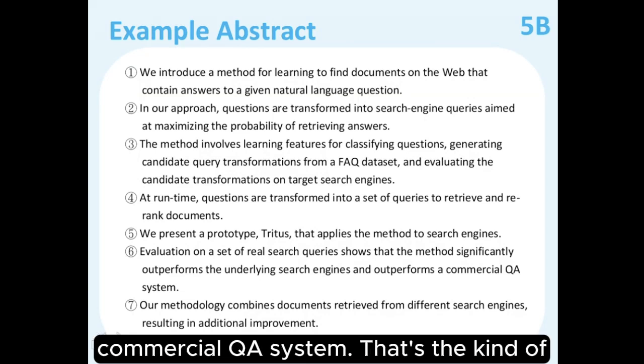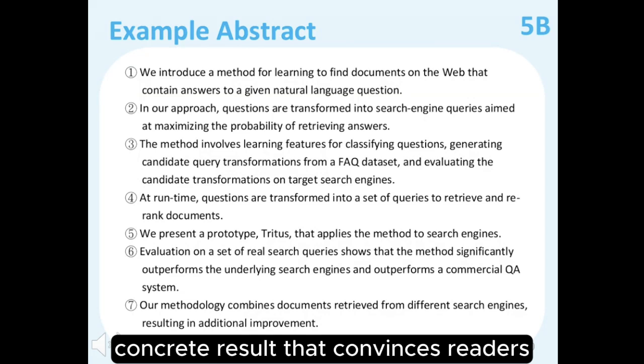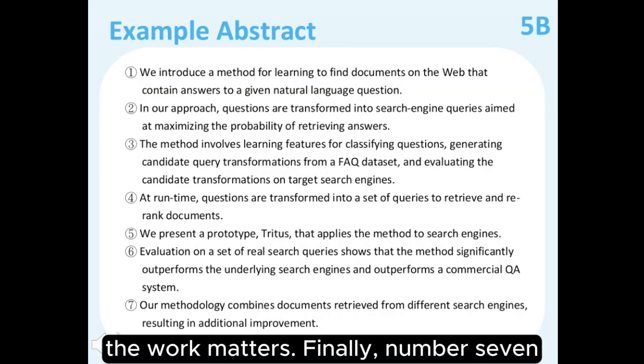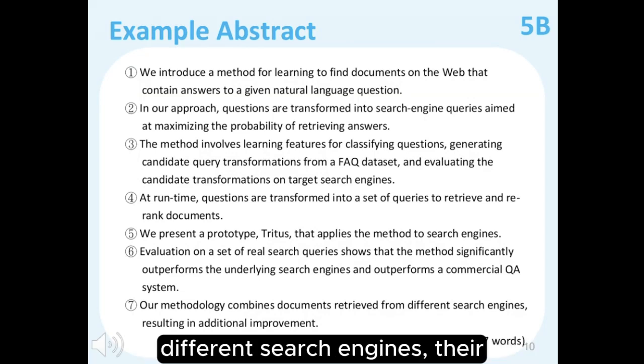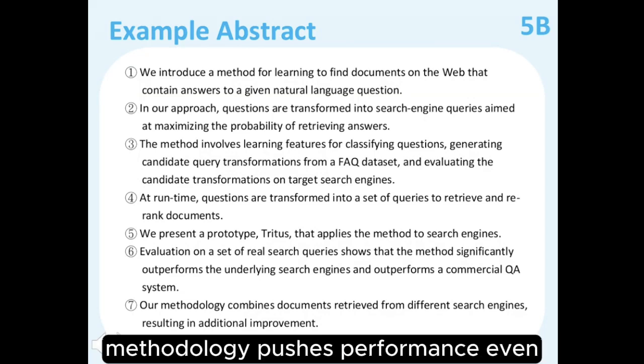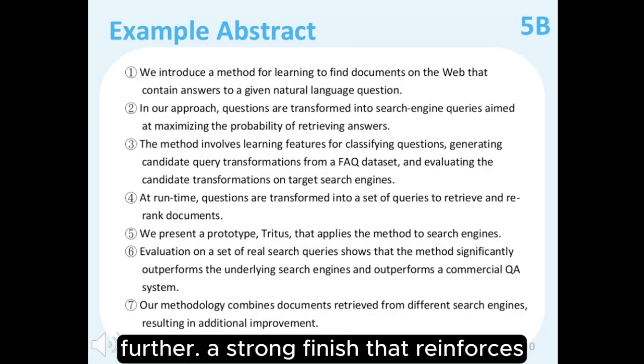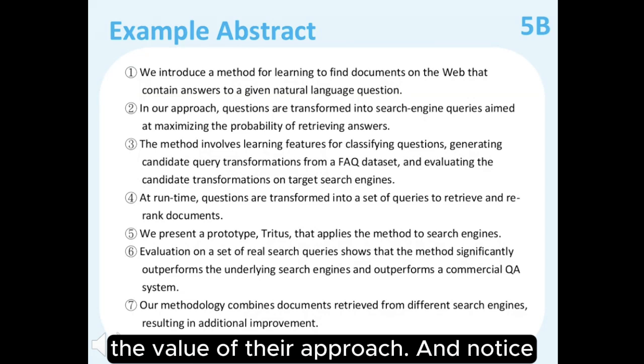That's the kind of concrete result that convinces readers the work matters. Finally, number 7 wraps it up. By combining documents from different search engines, their methodology pushes performance even further. A strong finish that reinforces the value of their approach.